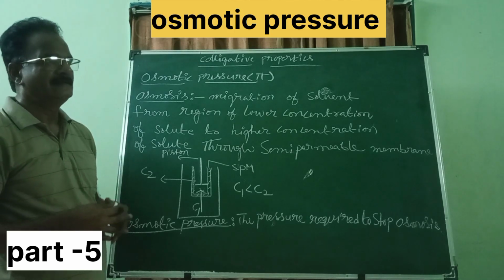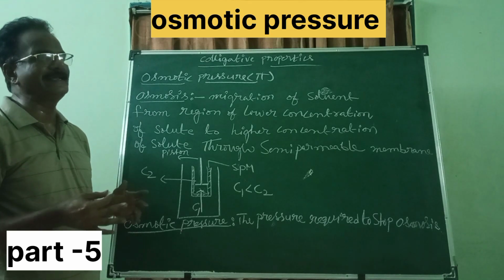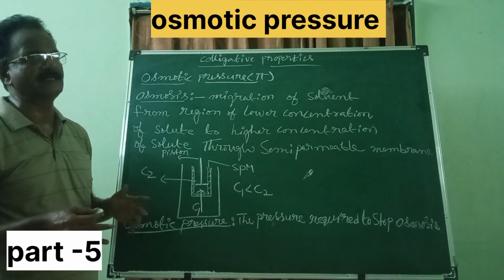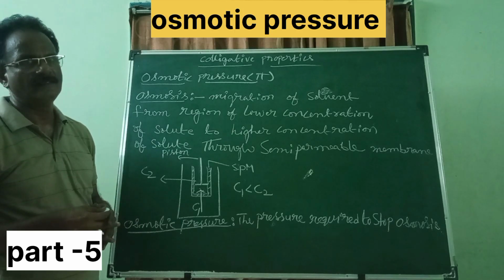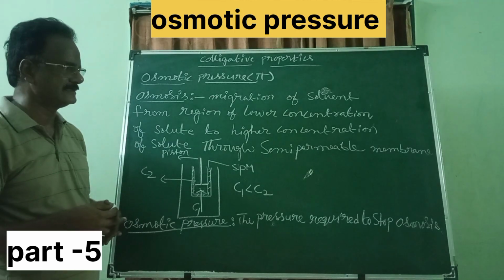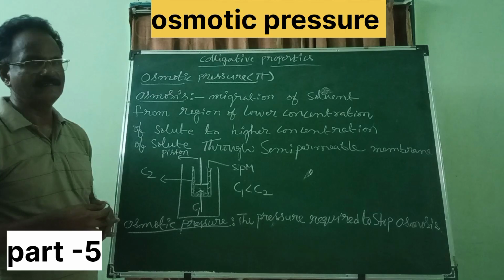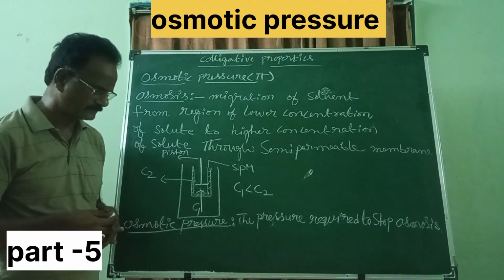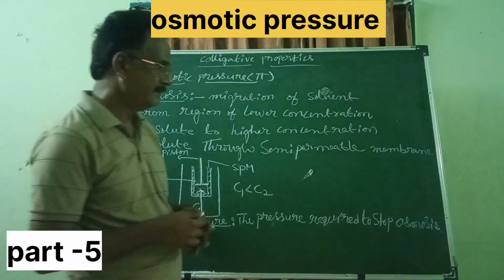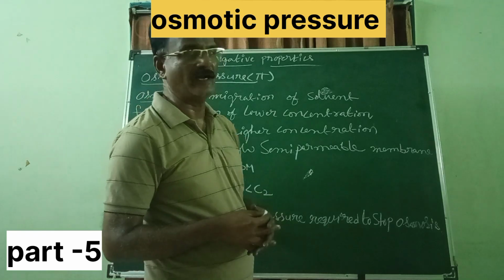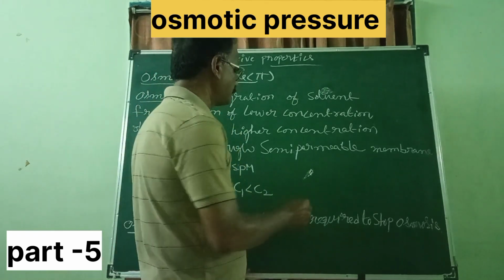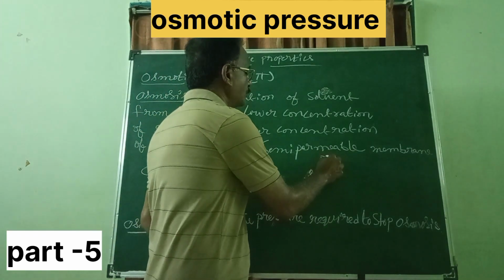Since very dilute solutions behave like gases, according to the ideal gas equation, PV is equal to nRT.